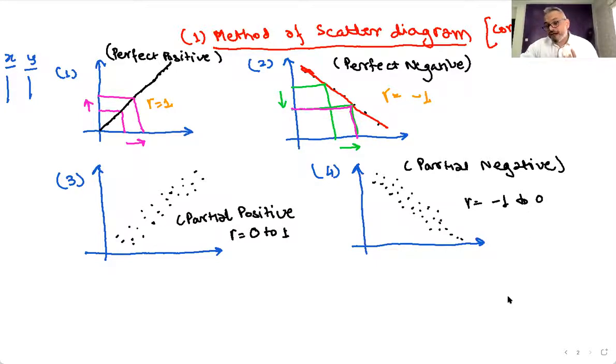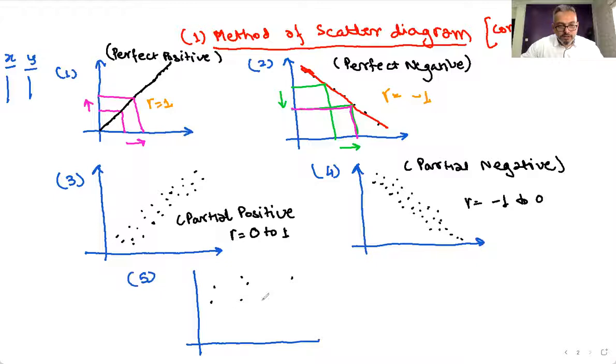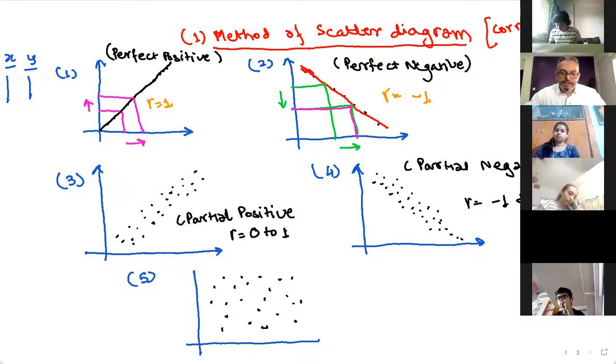But the fifth graph is a very interesting graph. Okay, fifth one. In the fifth graph, when we start plotting, we get plots like this. Can you tell me whether you found any trend here, upward rising, downward falling? So here there is no relation between them.